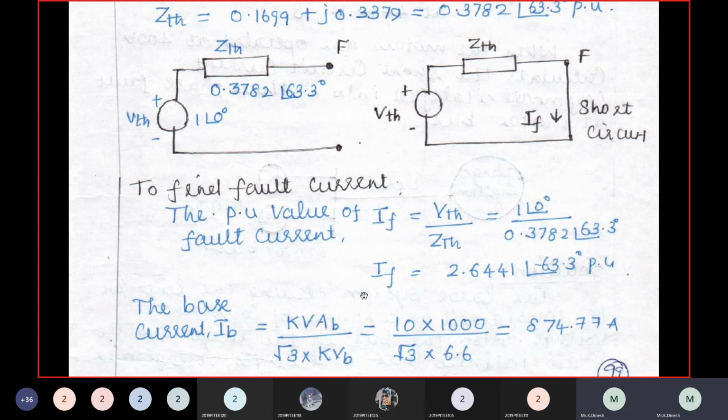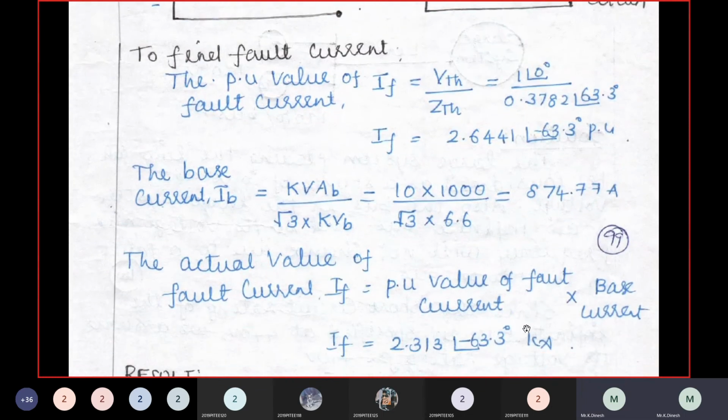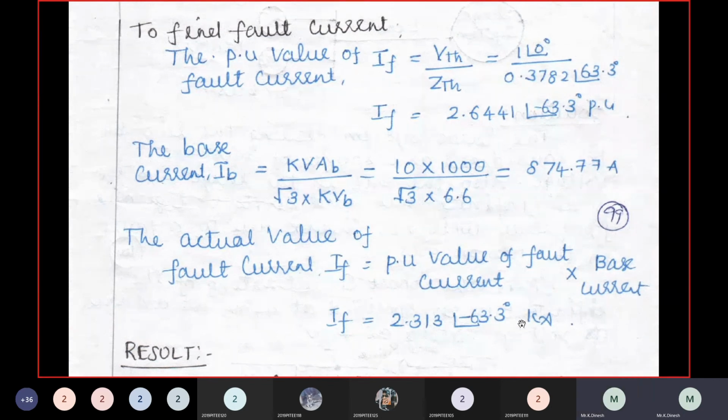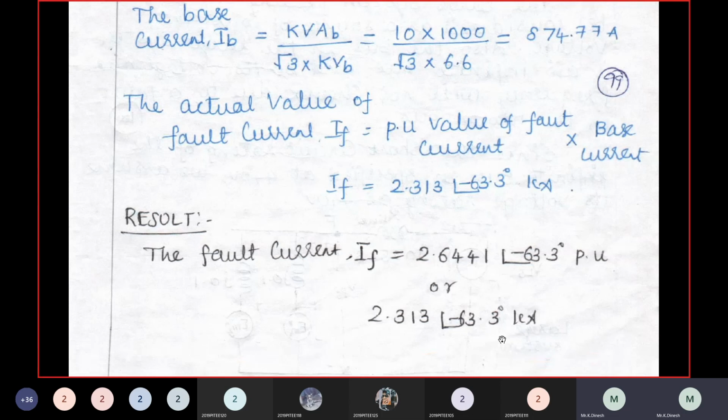Just substitute the value in MVA base. MVA base divided by root 3 times kV base, you get 0.847 kiloamps. Multiplying 0.847 with 2.648, you get 2.313 at an angle minus 63.3 kiloamps. So this is the fault current in the feeder.